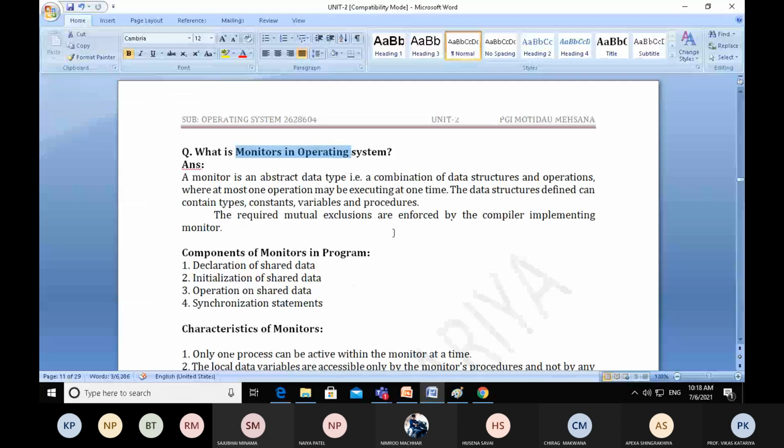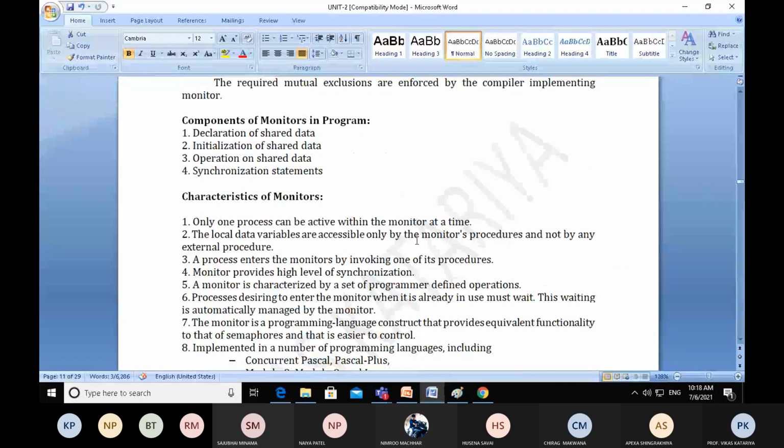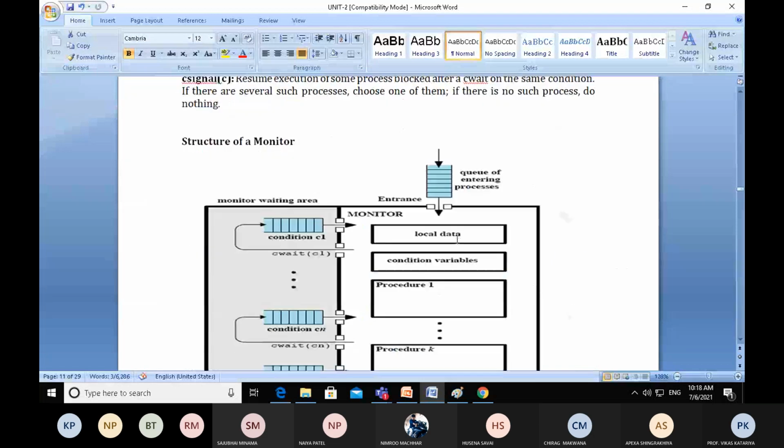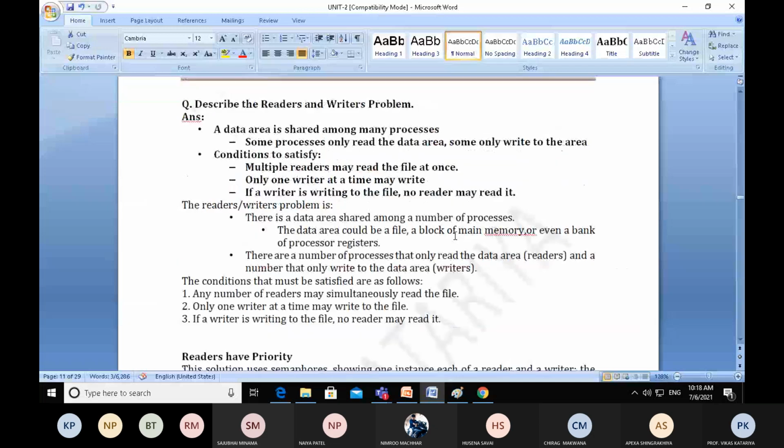Before starting the monitor, we have to understand the reader and writer problem. Yes, we have mentioned it in our material. So let's understand the basic things, then we will clarify in the next session what exactly the reader and writer problem is. A data area is shared among many processes.